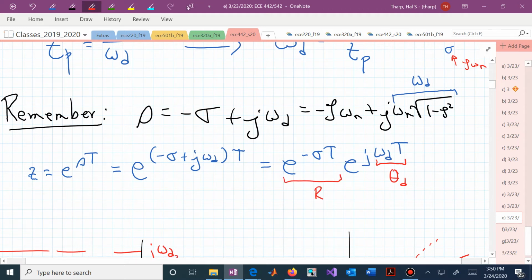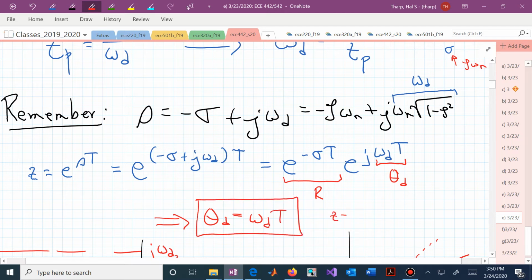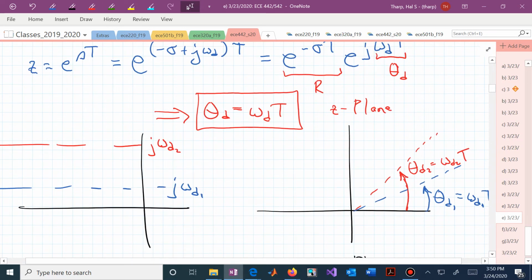Here is the radius, so this is r e to the j theta sub d. What you need to keep in mind is that in the z-plane, the angle of that location z is omega sub d t. This is what we need for the location of the angle in the z-plane.